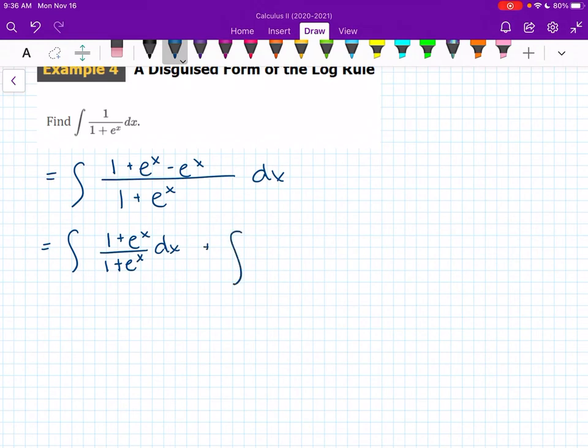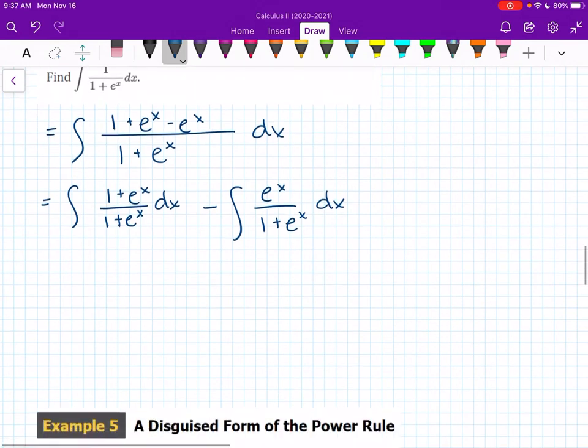And then my second integral will be negative e to the x over 1 plus e to the x, which is great because then I can use u substitution on that one. So my first integral will just be the integral of dx.